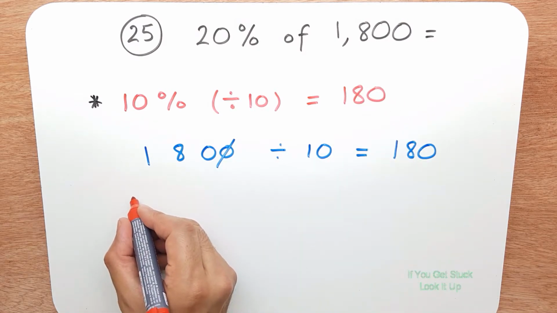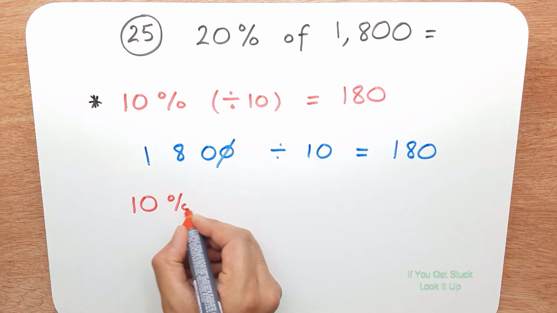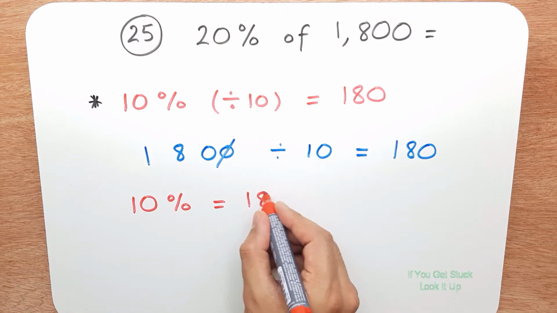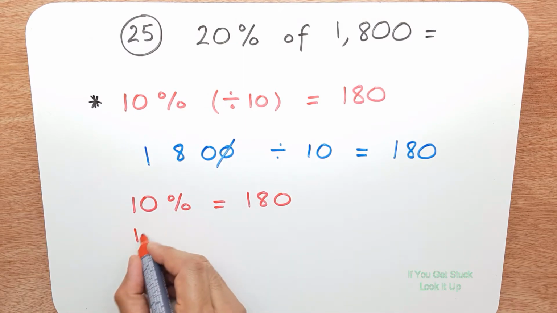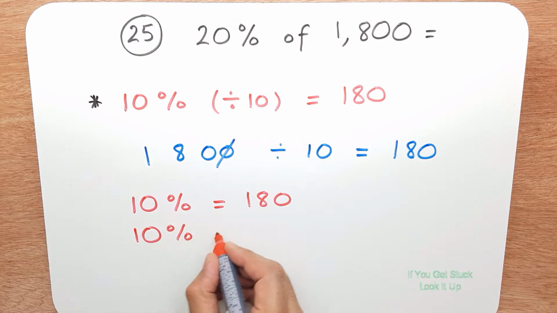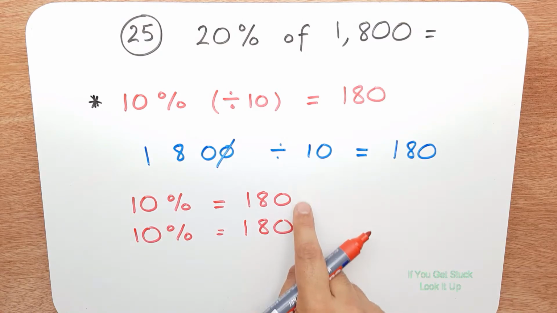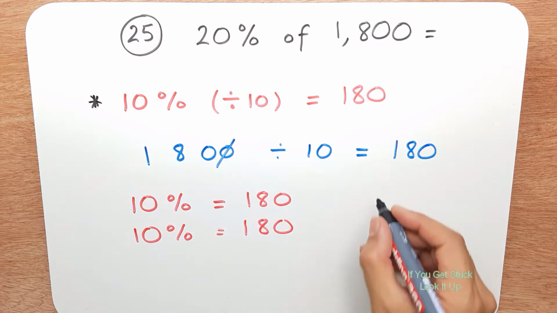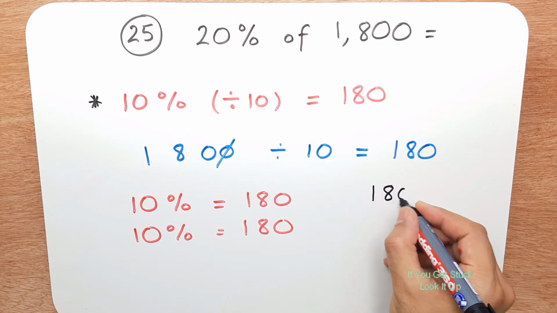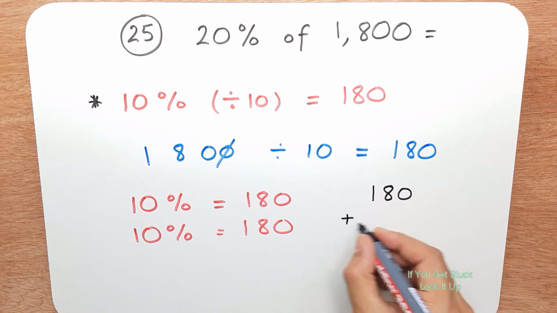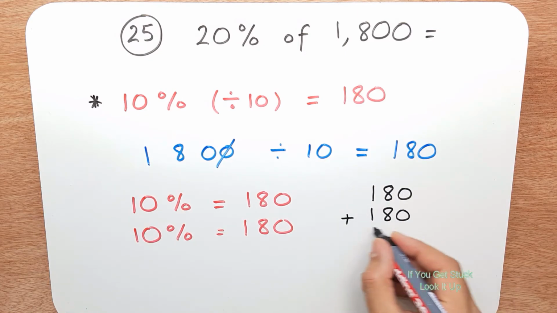So if you come here, 10% equals 180. Another 10% would also be another 180. And all we need to do is add these two numbers. So let me do it here. 180 add 180.